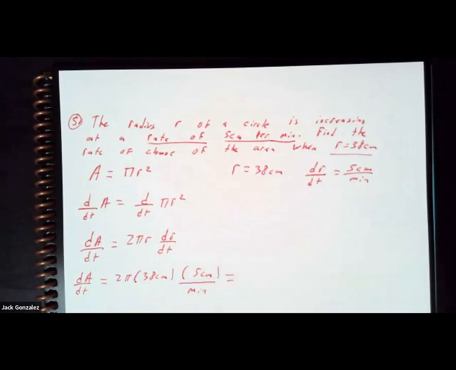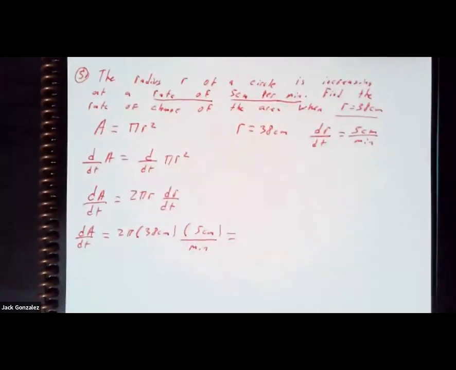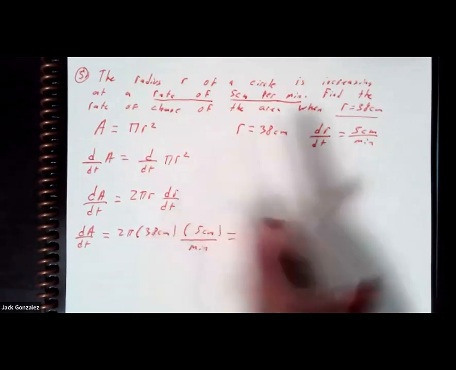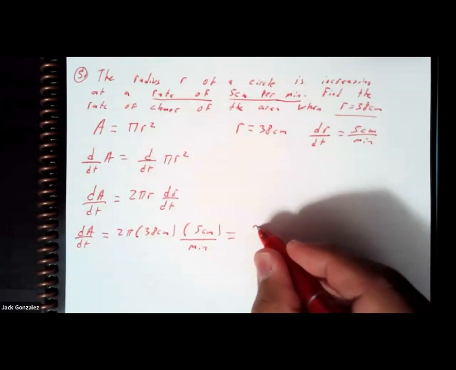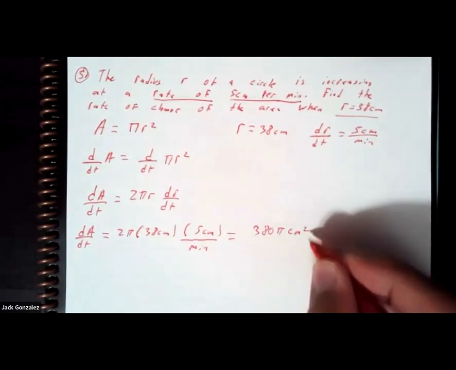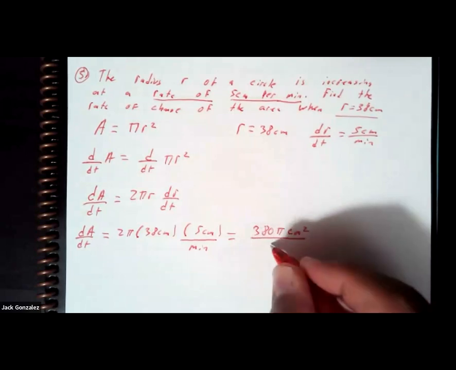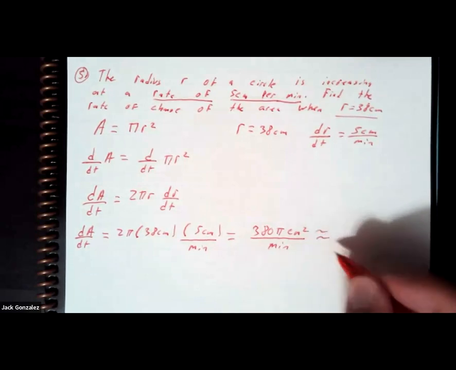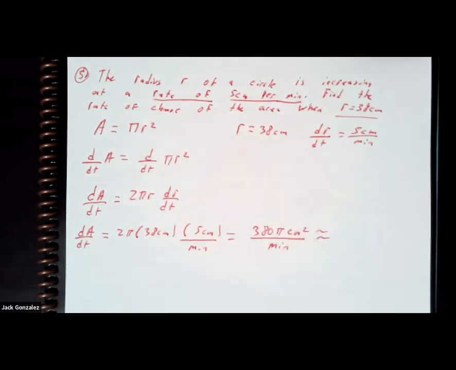Okay, what is 5 times 38? I guess I could do 2 times 5 is 10 times that is 380 pi centimeters squared per minute. 380 times pi.